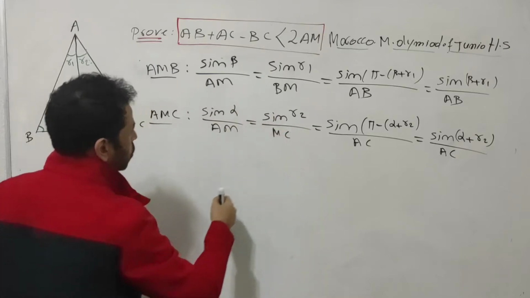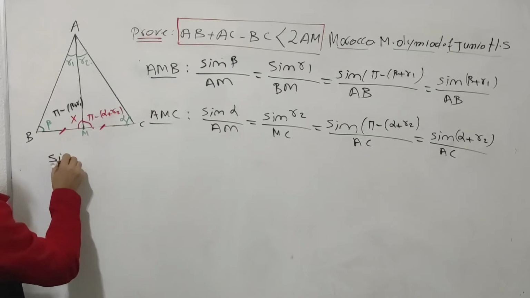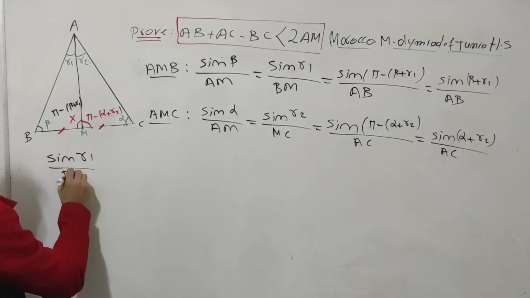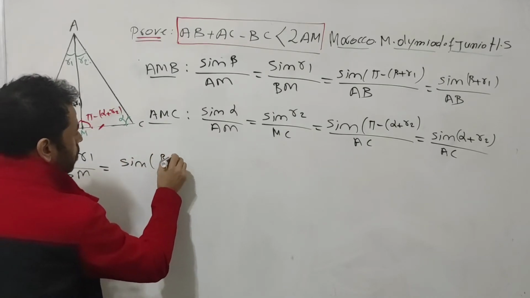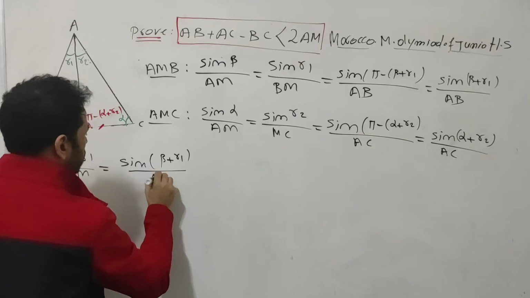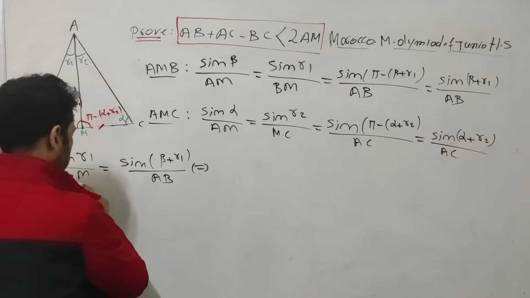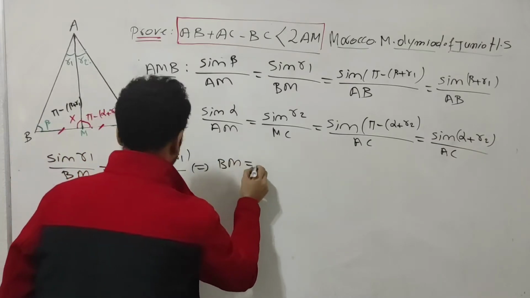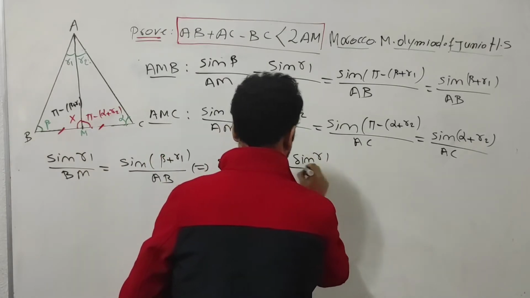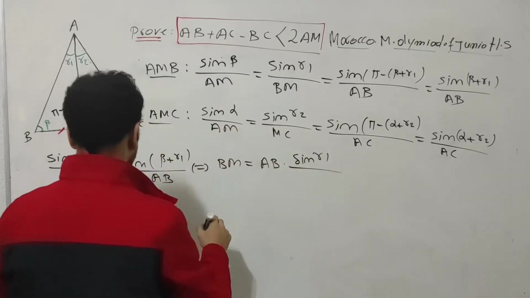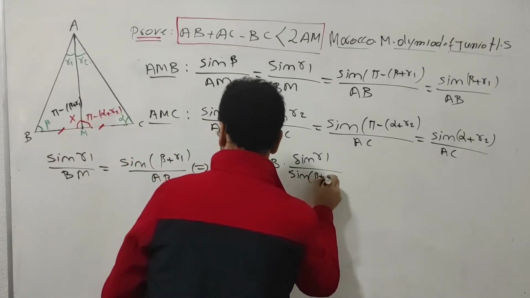From both equations, I'm going to pull out BM. So we have the sine of gamma 1 over BM equal to sine of beta plus gamma 1 over AB. Equivalently, BM equals AB multiplied by sine gamma 1 over sine of beta plus gamma 1.